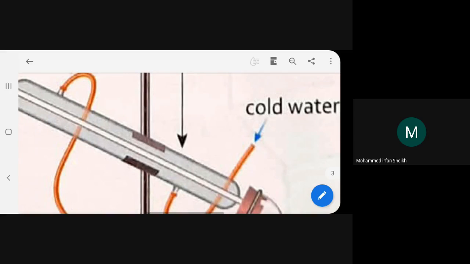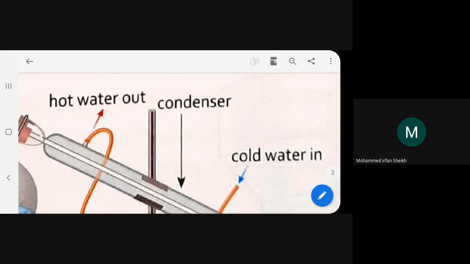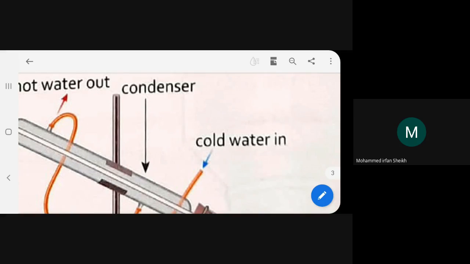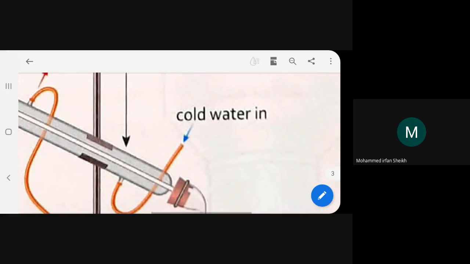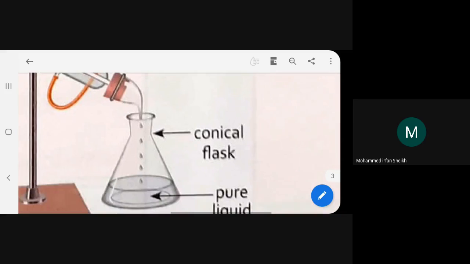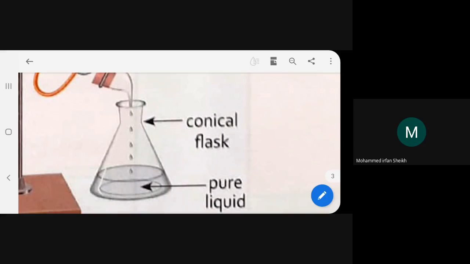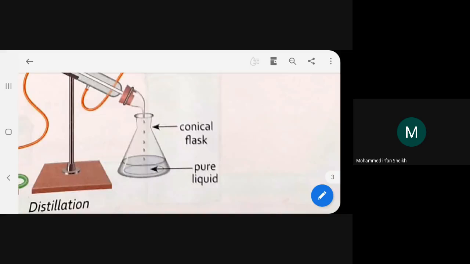So when the water vapor enters the condenser and comes in contact with the cold temperature, it will again change itself into water droplets, so that the water droplets can come inside this conical flask and we can collect it. This water is the pure form of water, this is the pure liquid. You understand or not, beta?